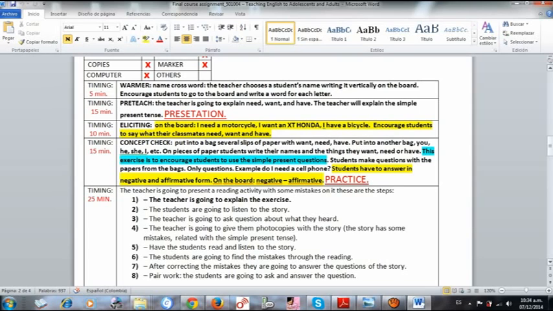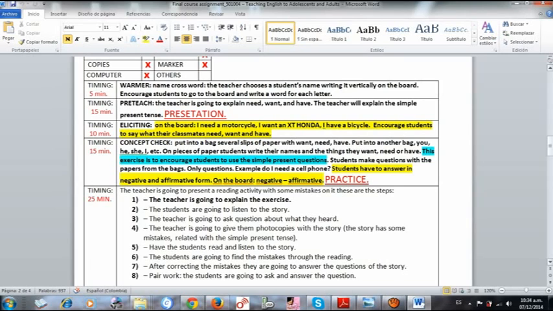Eliciting is to make them talk. Sometimes it would be something like writing, and use what the teacher explained before, right?